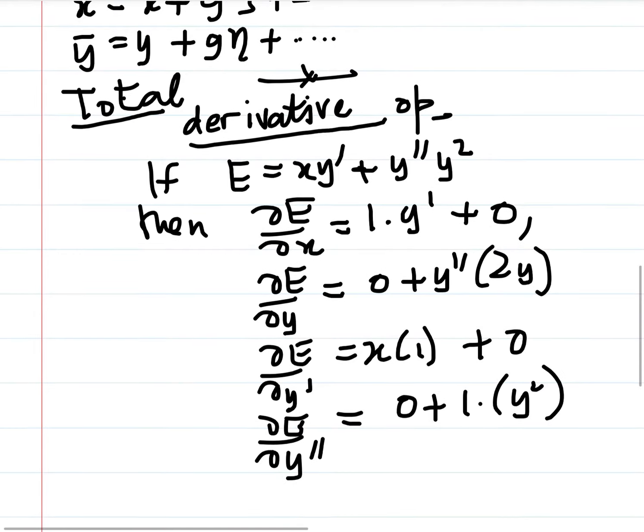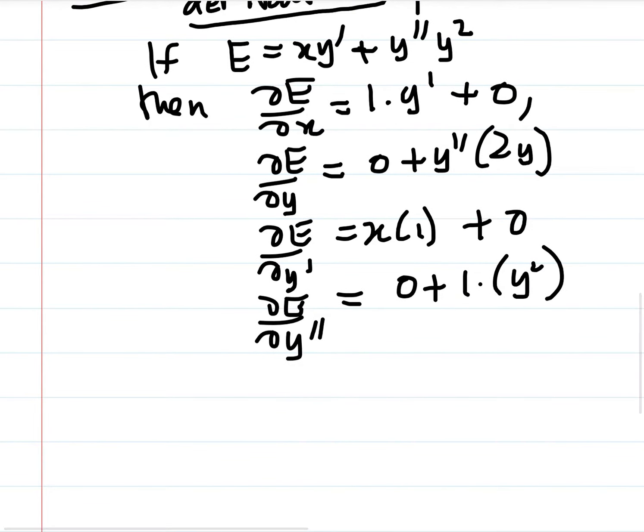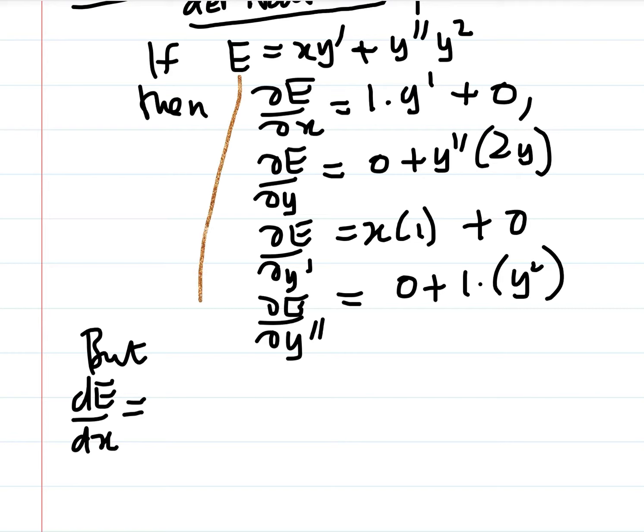However, if you were to differentiate the function e totally with respect to x, then you would apply all your rules of differentiation, product rule, implicit, etc. So when you differentiate this function e totally with respect to x, what we get is the following.